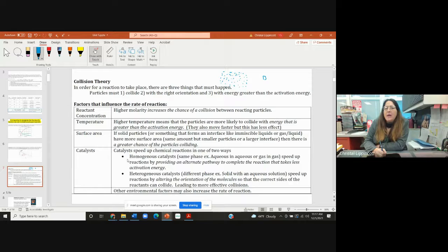And what they do is they are going to do a couple different things. One of the things that they do is they provide an alternate pathway to a reaction. And what that means is it's going to change the reaction in some way that it's going to lower this activation energy.